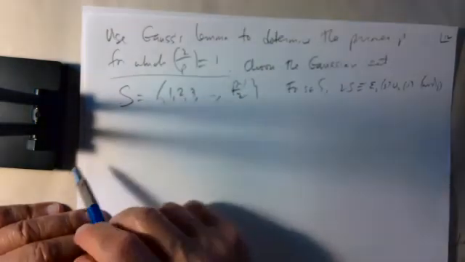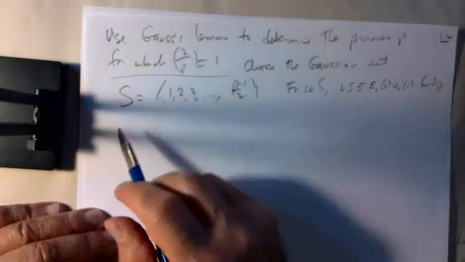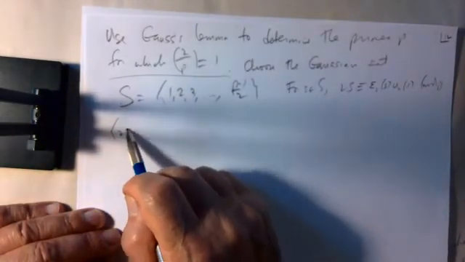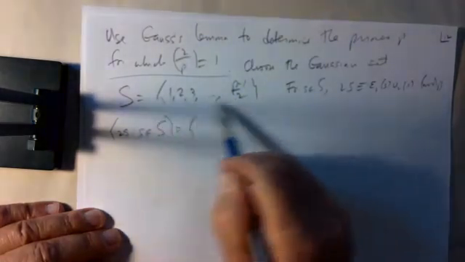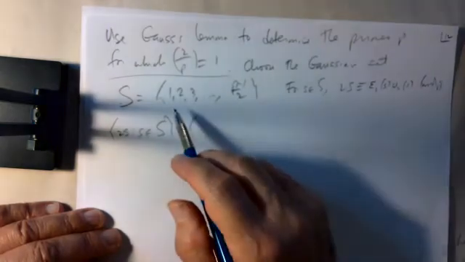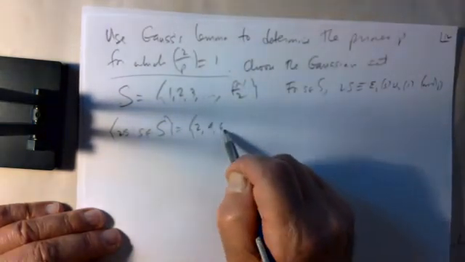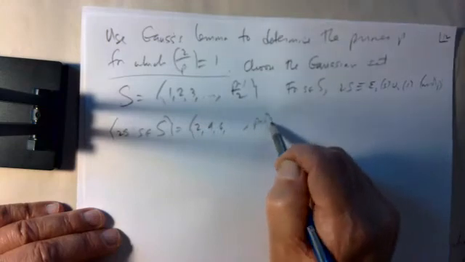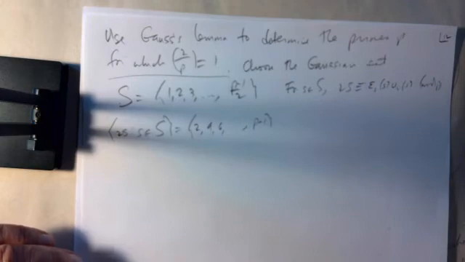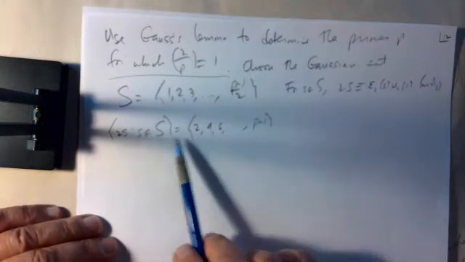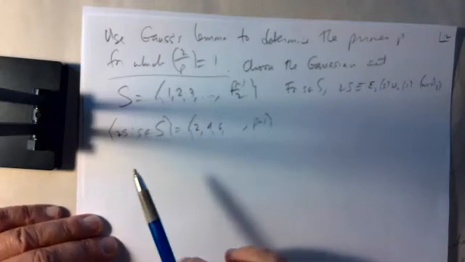So if we look at the set of numbers 2 times s, where s is in S, we're just multiplying each of these numbers by 2. So we get 2, 4, 6, 8, and so forth, up to P minus 1. These are the numbers 2s. So for these numbers in the set 2S, what can we say?